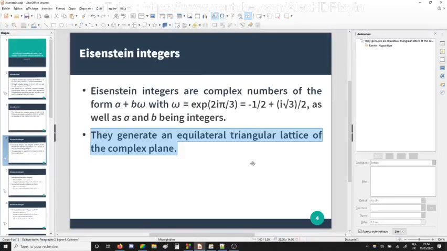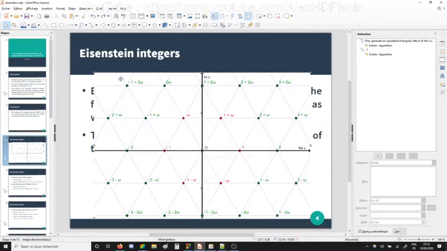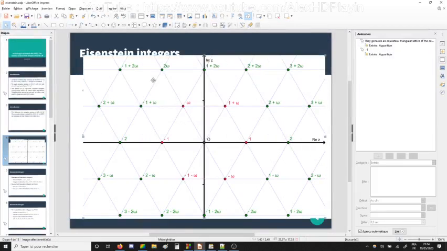One particular thing they have is that they generate an equilateral triangular lattice of the complex plane. So basically, if you plot them, as you can see, there are all of those equilateral triangles. The Eisenstein integers are all the vertices.